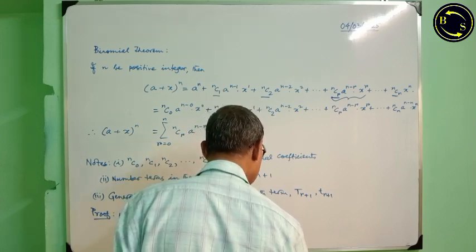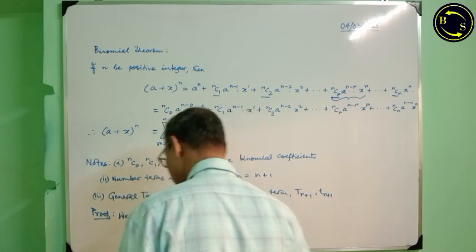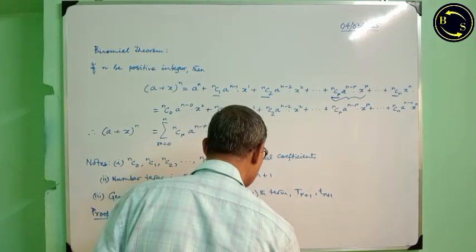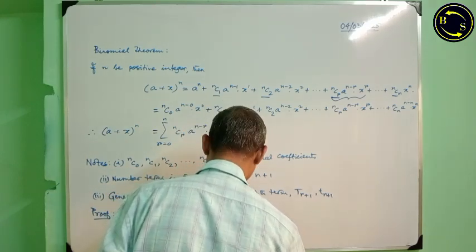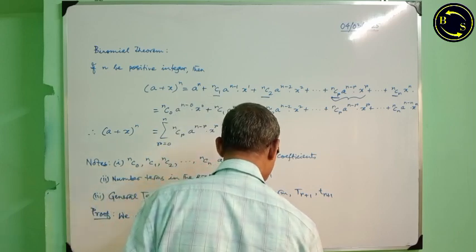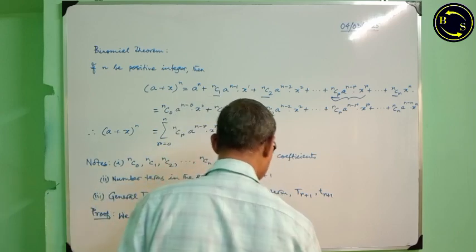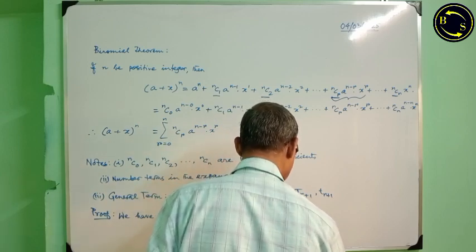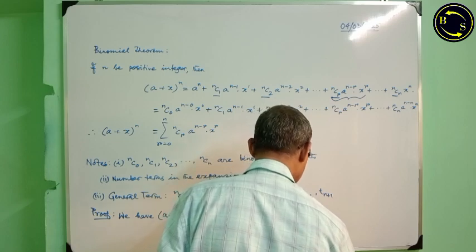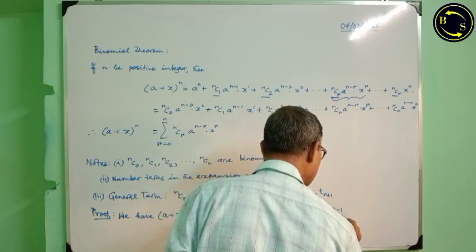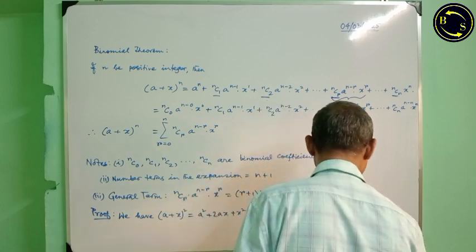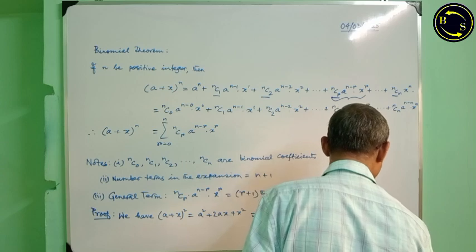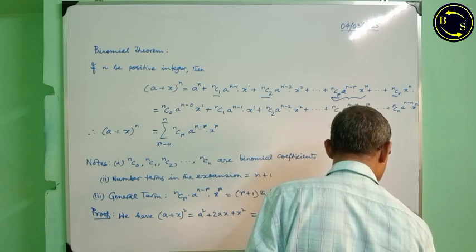We can write that as 2c0 into a square, or a to the power 2 minus 0 into x to the power 0, plus 2c1 a to the power 2 minus 1 into x to the power 1 plus 2c2 a to the power 2 minus 2 into x square.